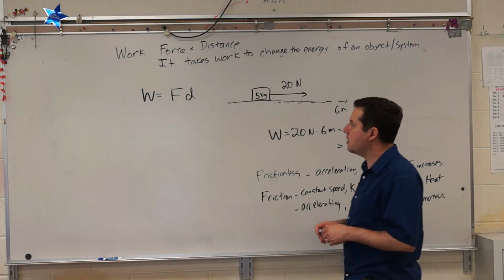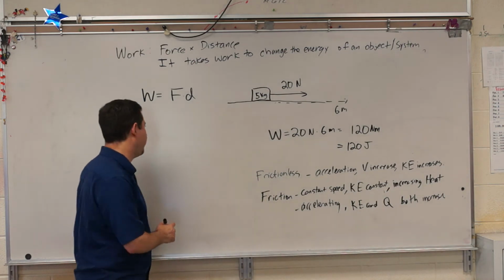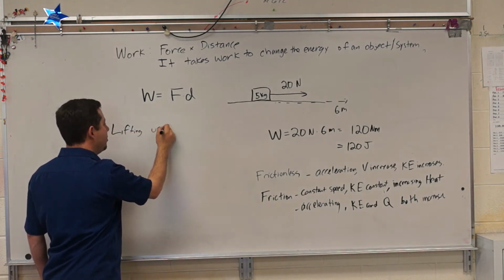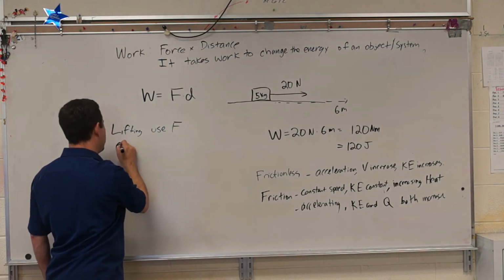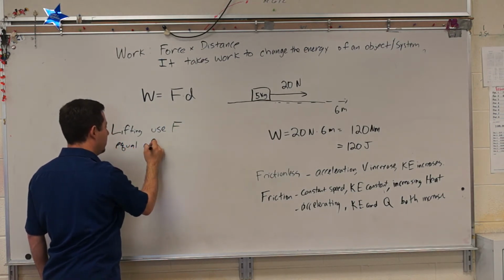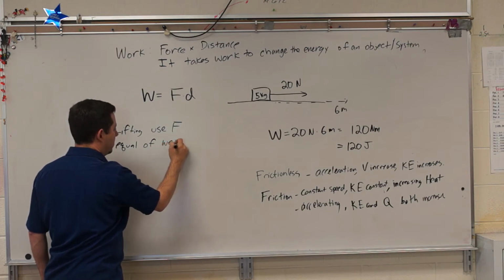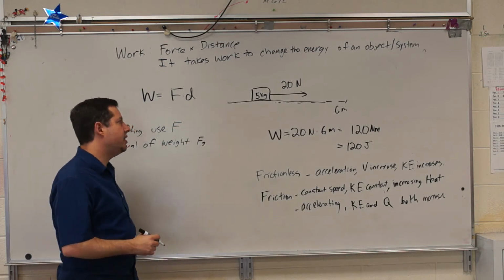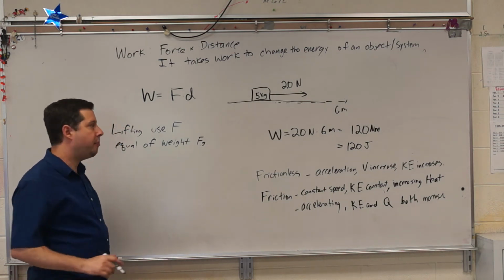There's other ways to think of work too. If you lift something, for example, you typically need to use a force that's equal to the weight of the object, F sub g. So let's say you lift this 5 kilogram block.